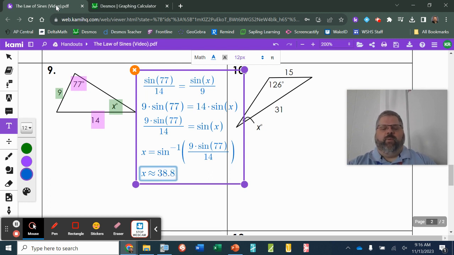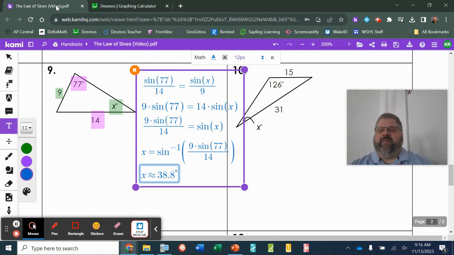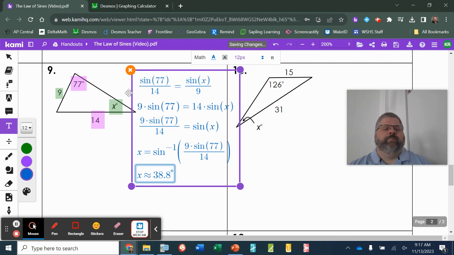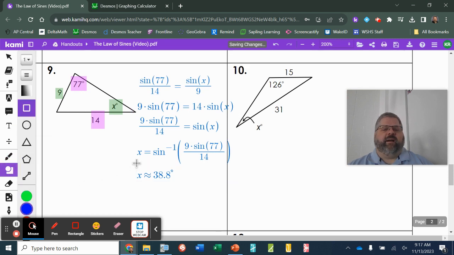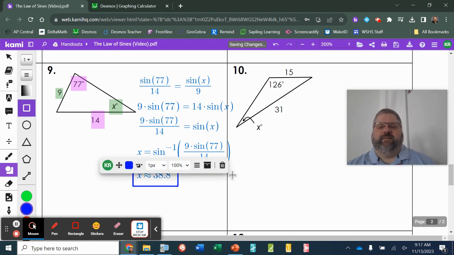We want to make a note that this is in degrees because that's important. In the last video, the two answers were in units because they didn't give us what the units were in the problems. So here is my final answer for this ninth one where I'm finding a missing angle. x here would be equal to 38.8 degrees. All right.